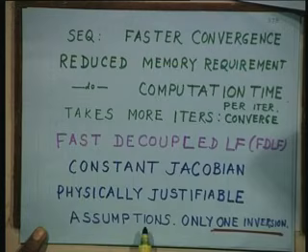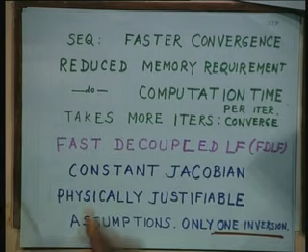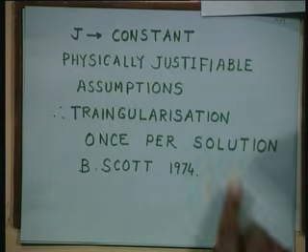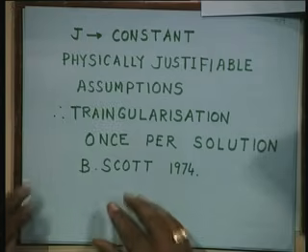But this has to be done by physically justifiable assumptions, so that only one inversion is required. So once J becomes constant, triangularization also has to be done once for each solution, a method given by Stott. What are these physically justifiable assumptions? Now I am going to list them.